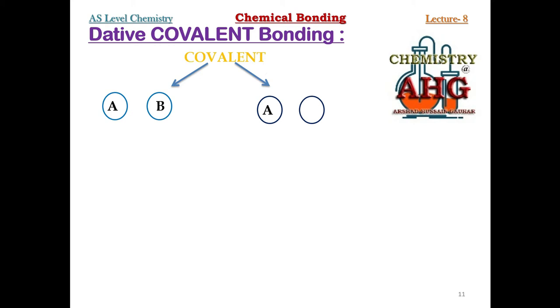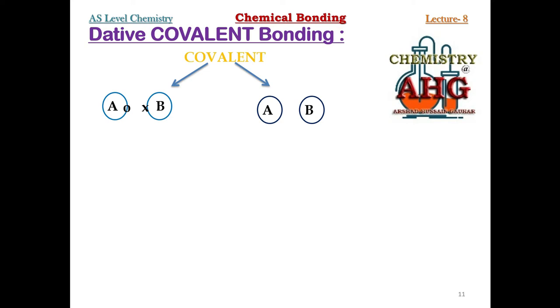Now look at what is the difference. Whenever simple covalent bond is formed, before bond formation, each atom A and B is having one electron. It means the covalent bond contains two electrons, and each atom provides one electron for the covalent bond formation.